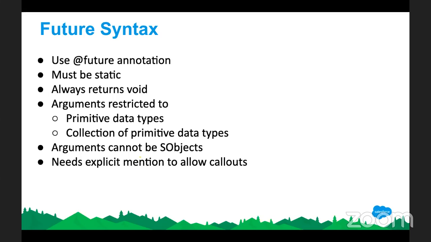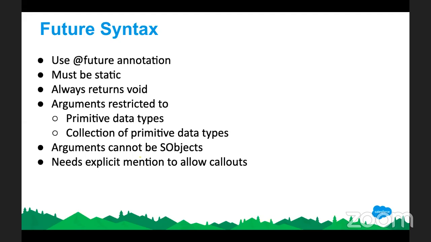When we call this method, if it has a future annotation, it will start running as a separate thread. It must be static. It cannot return any value, because it runs in the backend and ends there. It vanishes. Arguments are very much restricted. Only primitive data types, or collections of primitive data types, can be used for future methods. So sObjects are not allowed.